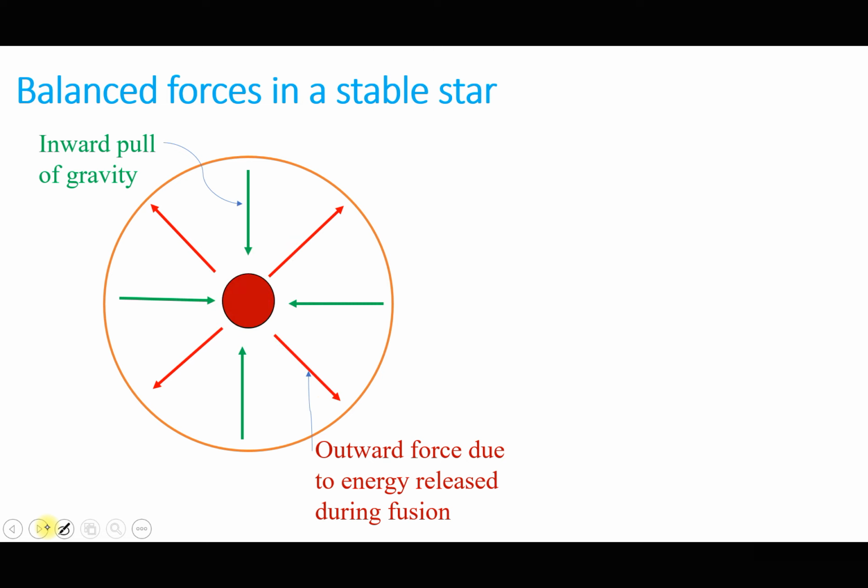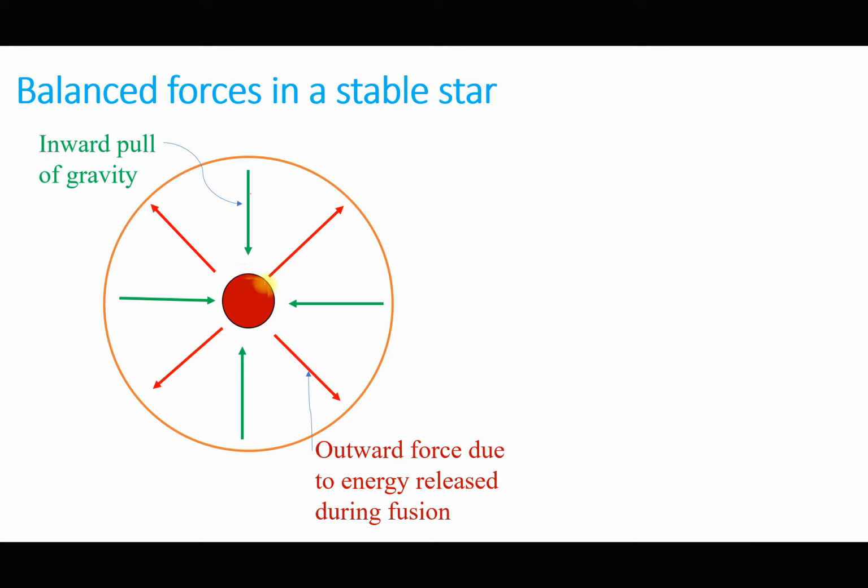Assuming that this is the core, we have two forces now. Initially, we started with the inward gravitational attraction force, which was causing the interstellar cloud to collapse inwards. But as the gases collapse inwards, they lose their gravitational potential energy and gain kinetic energy. The kinetic energy is transferred to heat.